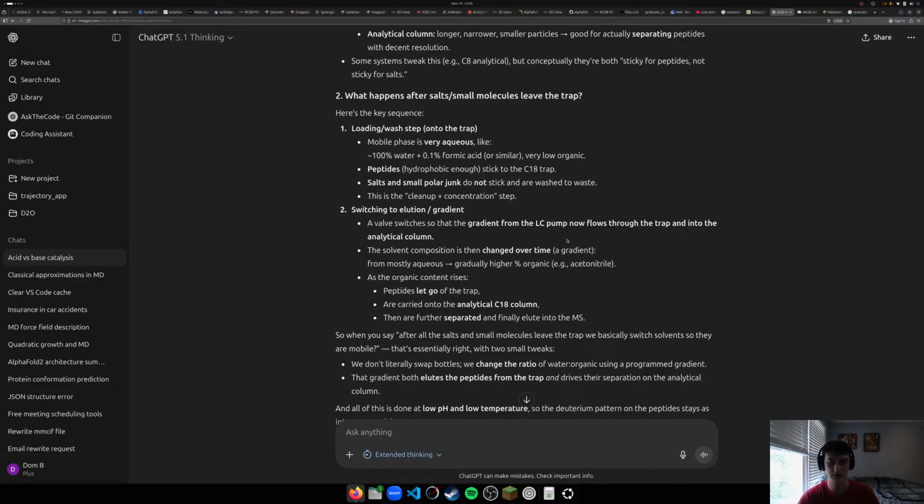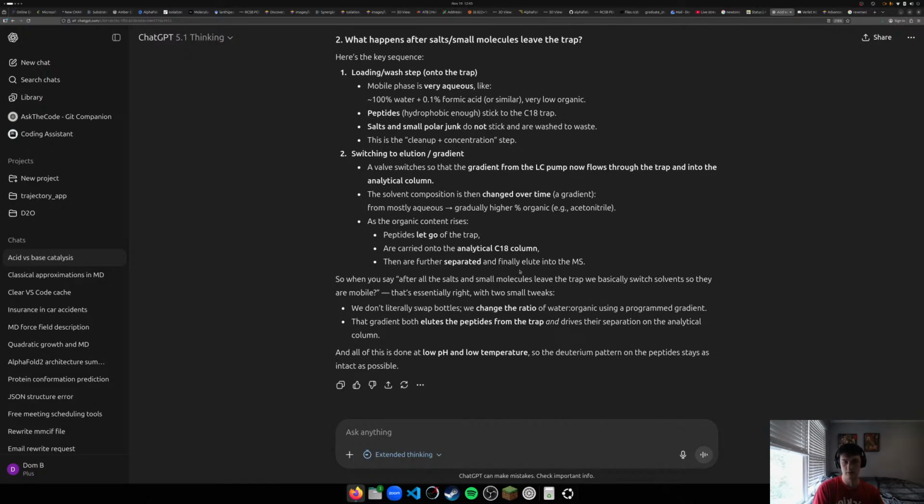The solvent composition changes over time, from mostly aqueous to gradually higher acetonitrile. The organic content rises, peptides let go of the trap and are carried through, then further separated. You could say after the salts leave the trap, we basically switch solvents so they're mobile. That's essentially right with these small tweaks. We don't literally swap bottles, we change the ratio of the gradient. All right, makes sense.